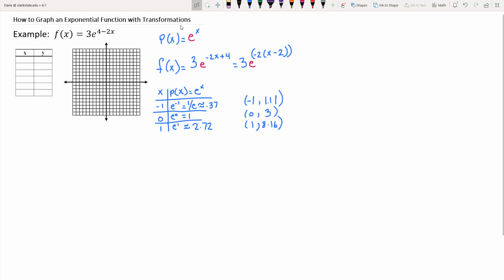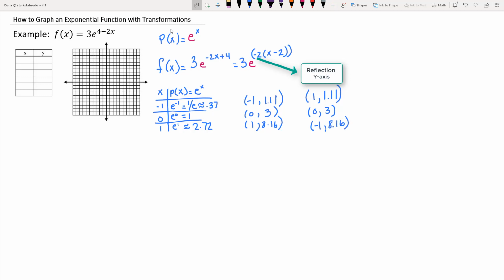Then moving on from there, we have this negative on our x's, this negative multiplier. So that causes a reflection across the y-axis. So what that means is I just need to negate each of my x values. That's the behavior. So whatever my x's were, I'm just going to change the signs. And I do nothing to the y's of my points.